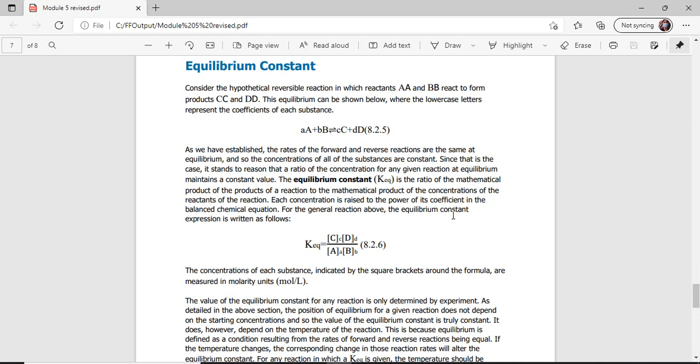Since this is the case, it stands a reason as such a ratio that your concentration for any given reaction at equilibrium maintains a constant nga value.